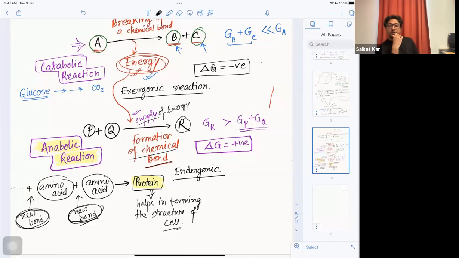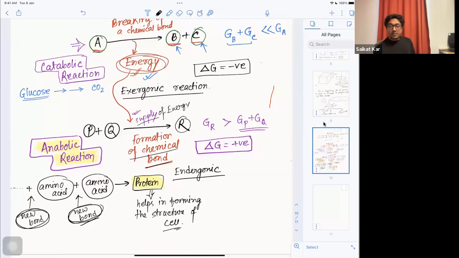Oh, yes. I couldn't understand at the first instance what you were saying. Yes, we can make polymer by removing water. That's why this type of reaction is called a condensation reaction, in which water is released.